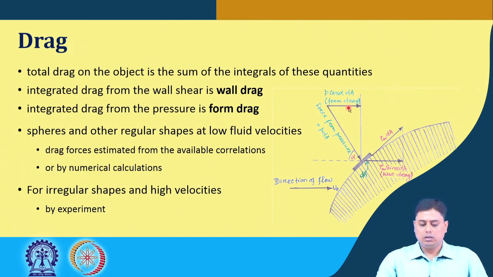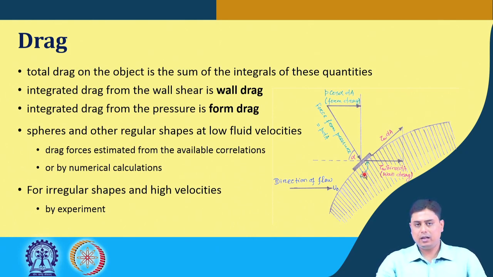So the summation of these two integrals gives us the overall drag force on this slanted object, which makes an angle alpha to the direction of the flow.